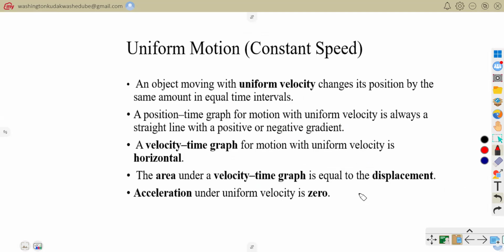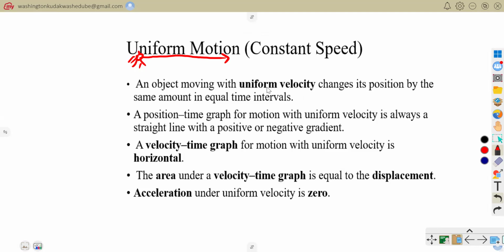Now, when we are describing motion, we can say that our motion is in uniform motion, which is having a constant velocity or constant speed. So once you hear what we refer to as uniform motion, once your motion is described as uniform, it simply means that the speed or the velocity of that object is constant.